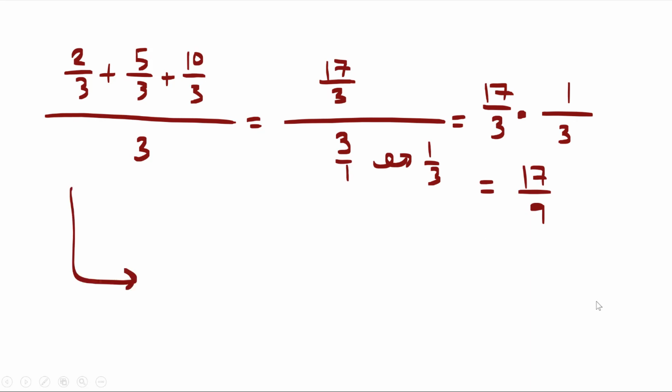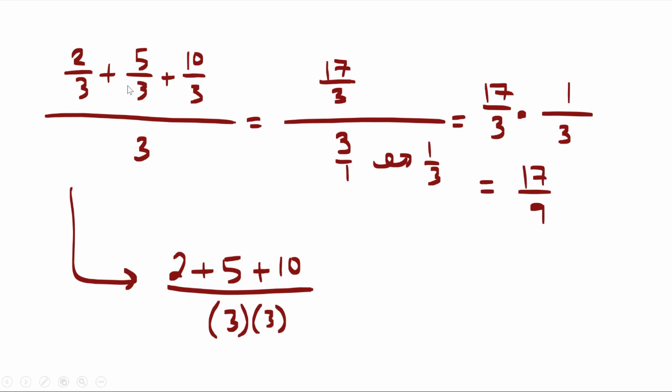The little rule I can follow is this: add your numerators on top together, and then just multiply by that bottom denominator, and voila, I get the same thing. We good? Okay, that's a little trick of the trade for this problem. Let's go with our problem now.